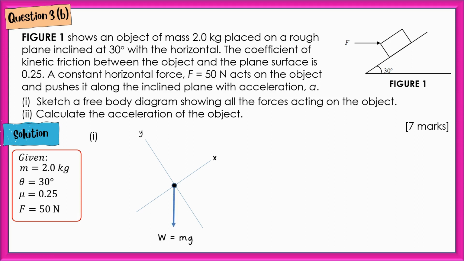The first force is weight. Then we have the normal force, which is perpendicular to the surface in contact. The friction force opposes the direction of motion of the object because the object is moving up the inclined plane. And of course, there is an external force exerted on the object. Do take note that when you sketch a free body diagram, the tails of all forces are supposed to be on the point object.